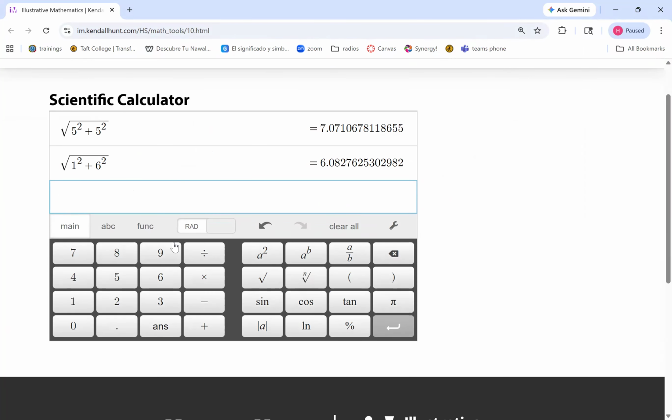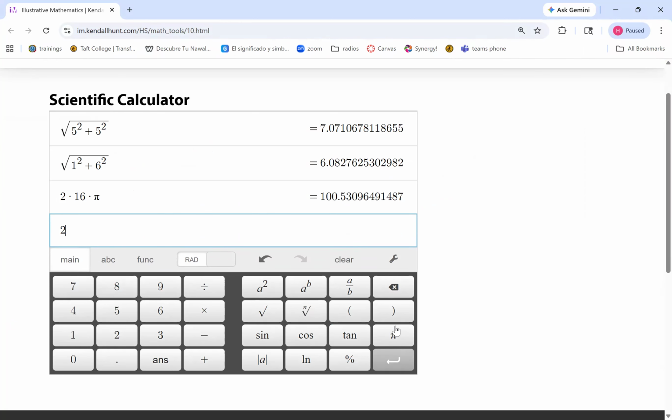Now, if we write 2 times 16 times pi, it gives me an answer, right? Now, some people might write 2 times 16 times 3.14 because we were told back in the days that 3.14 is a good estimation for pi. And then we press enter.